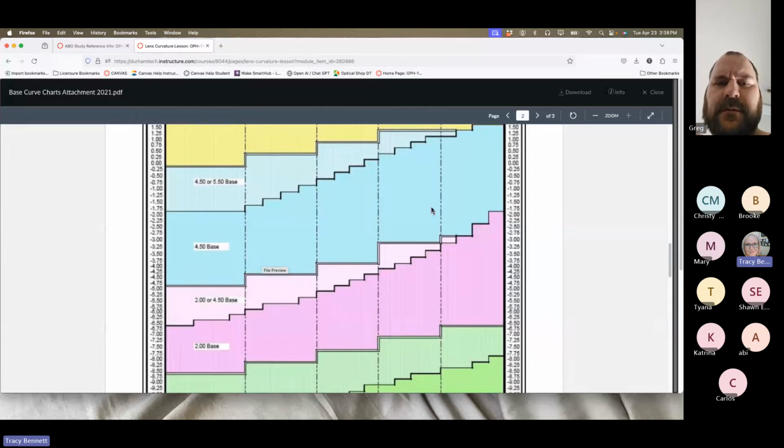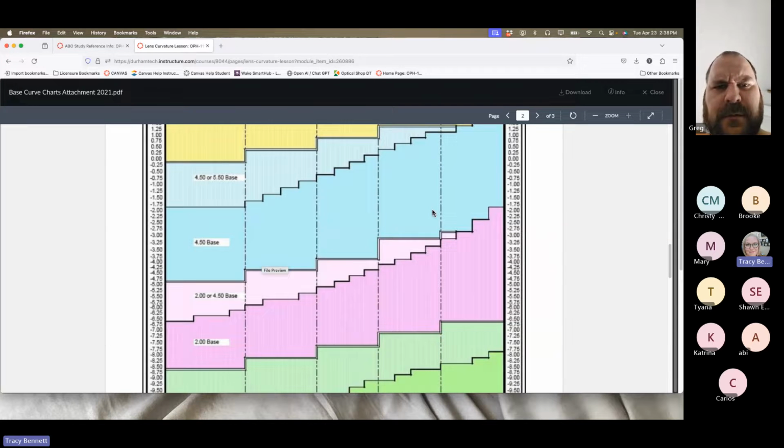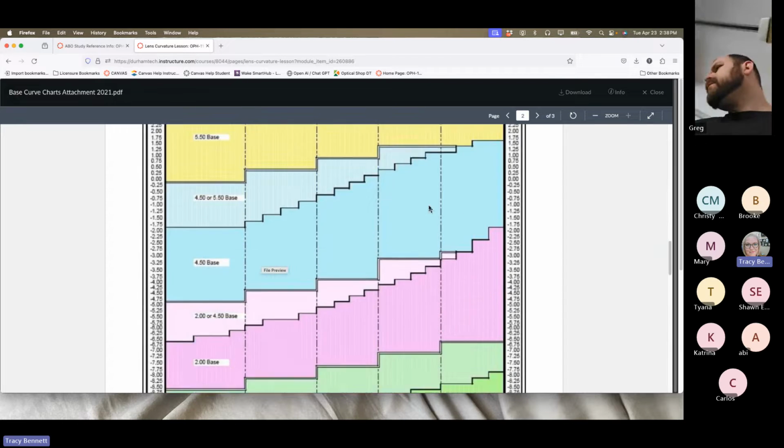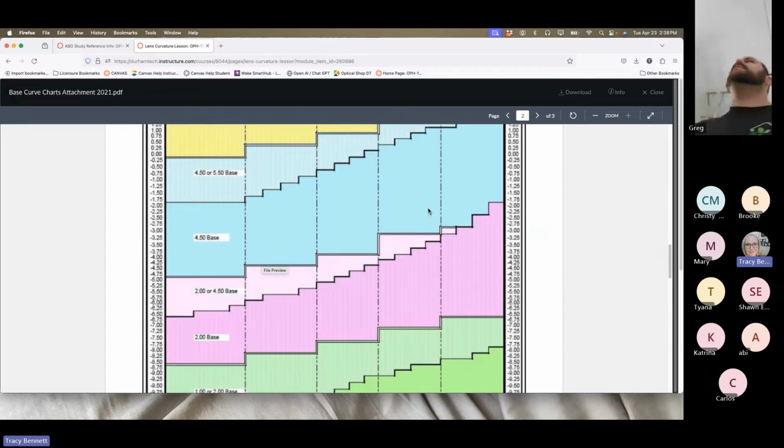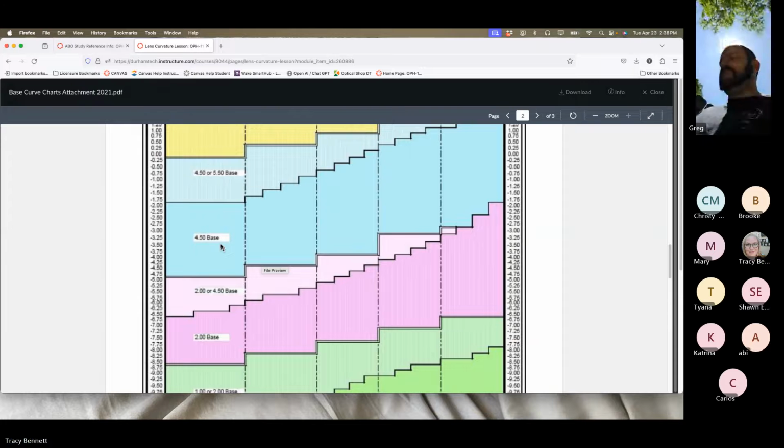Right around here, where my mouse is, is where I fall, because I'm aligned up with that -2 for the sphere. These are just repeated over here in case you have a higher cylinder. And I'm lined up with the -4. So we're falling in this blue area, which means for a -2, -4 lens, I would want to select a 4.50 base. Does that make sense?